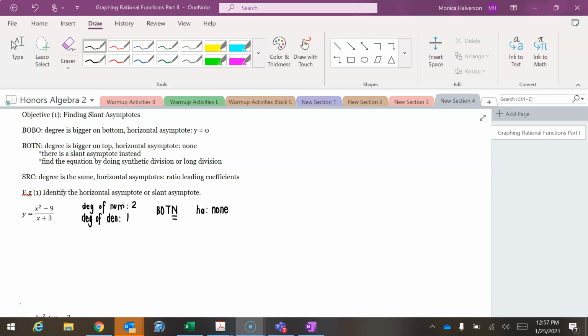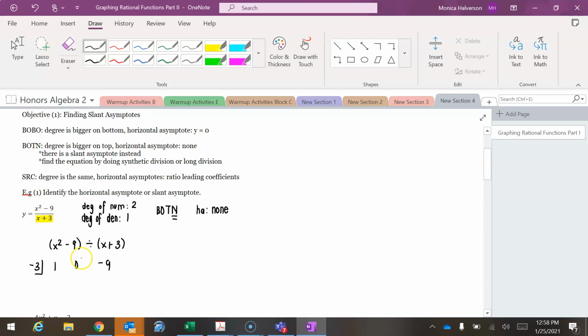So how do we find that slant asymptote? We do it by either completing synthetic division or long division. In this case, we can do synthetic division because our divisor is in the x minus r form. So this is x squared minus 9 divided by x plus 3. We put negative 3 in the box, then 1, 0, negative 9.